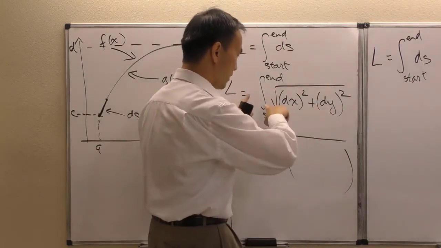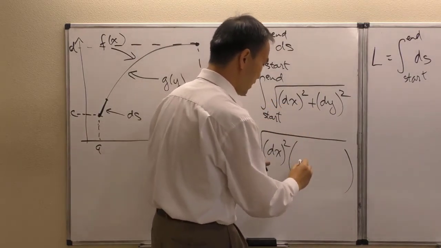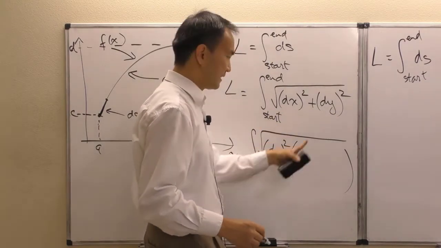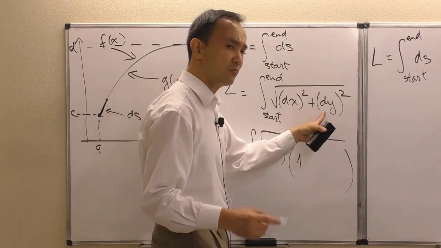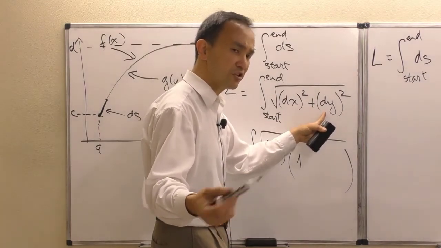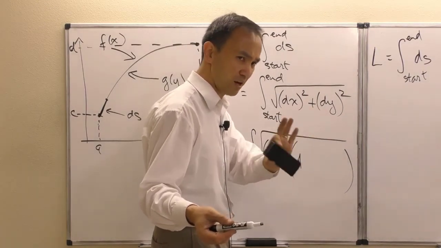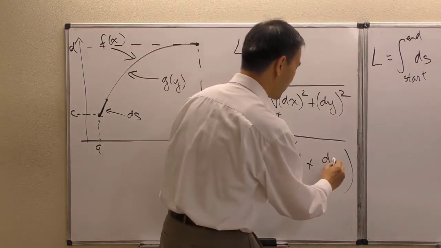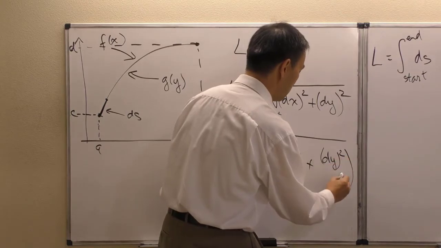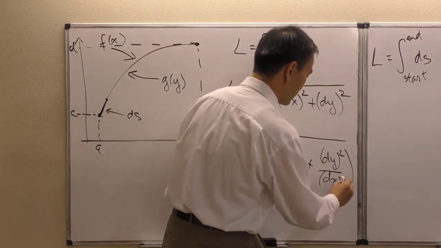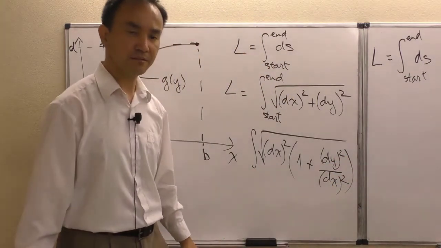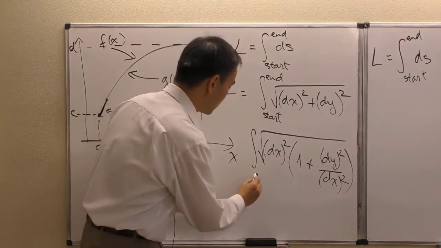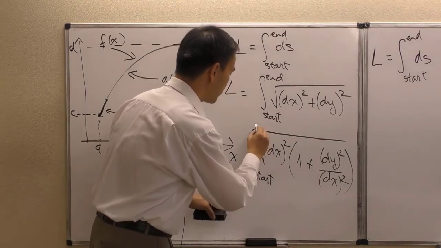Well, after we pull out that dx squared, then in parentheses I have a 1, because the remaining factor is a 1. Now factoring out the dx in this term, where we didn't see dx originally. Okay, but now see, that's why algebra is extremely important. Now factoring out the dx, that means we're looking at dy squared over dx squared. Okay, and then this is a start to an end.